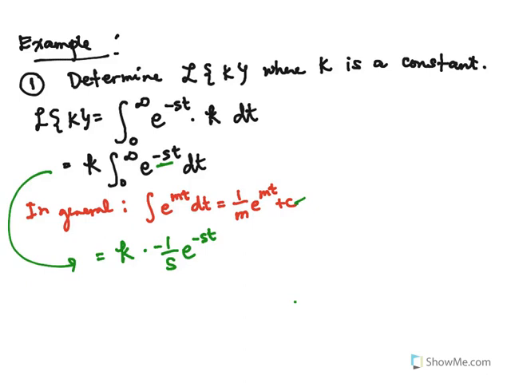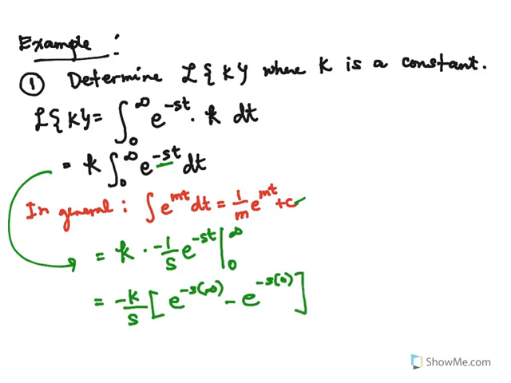And then since this one is a definite integral, we evaluate your integral from 0 to infinity. Here, we substitute infinity and 0 to t because again, we are integrating with respect to t, not s. So this one is equal to negative k over s times e to the negative s times infinity minus e to the negative s times 0.